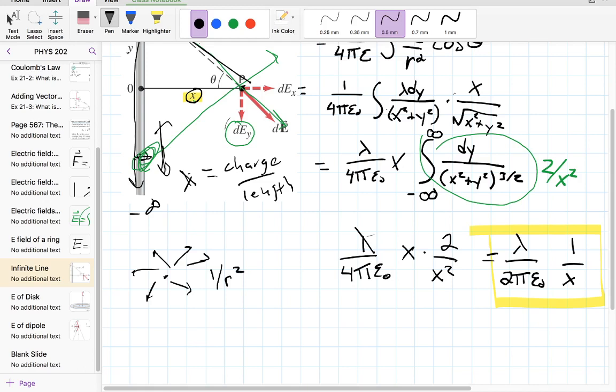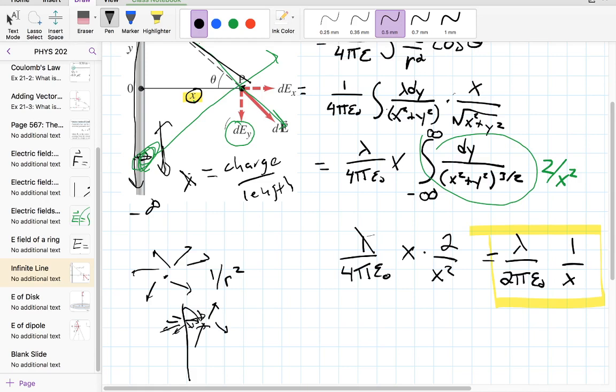If you've got an infinite line of charge, that electric field spreads out in the horizontal direction, but it doesn't spread out in the vertical direction because there's always some component contributing to it from the other side of the line.